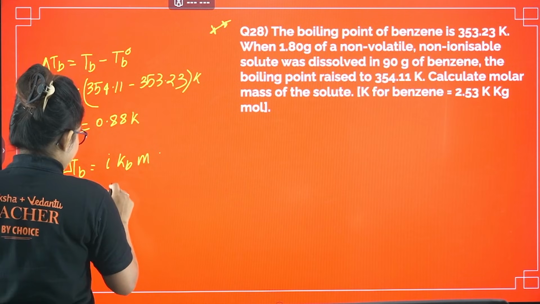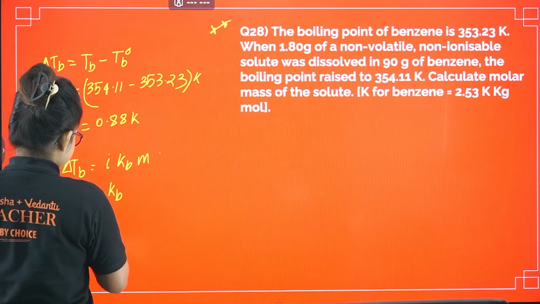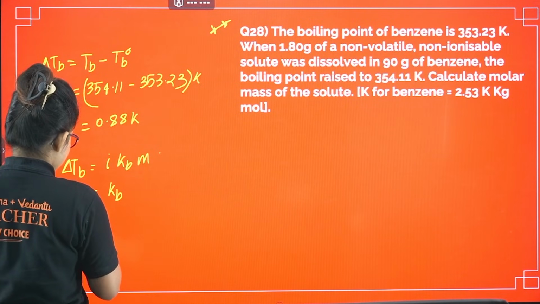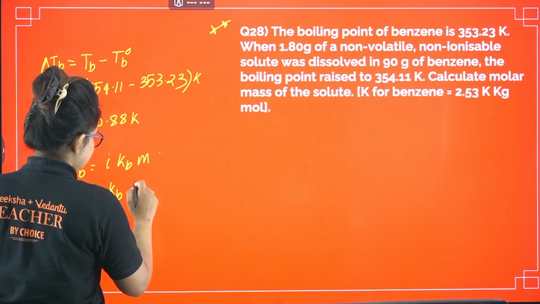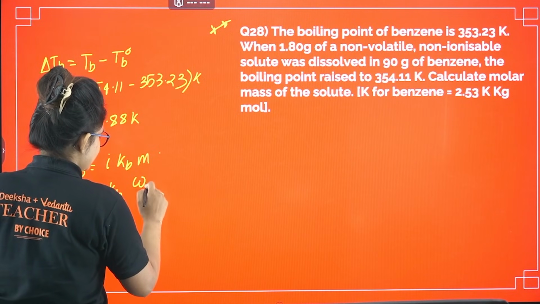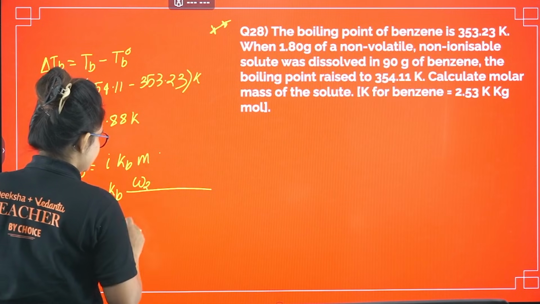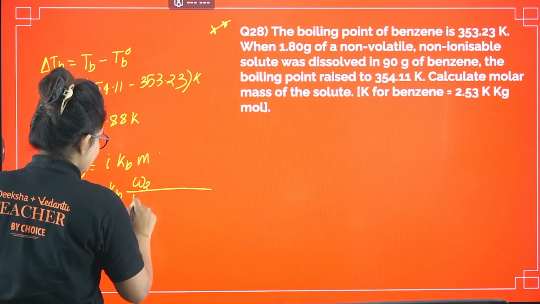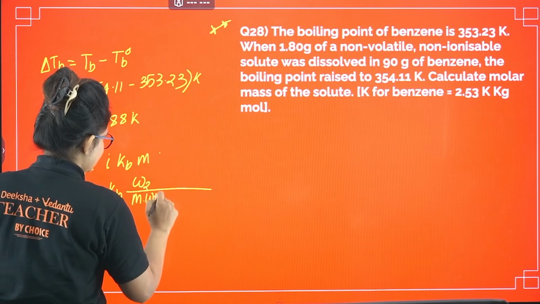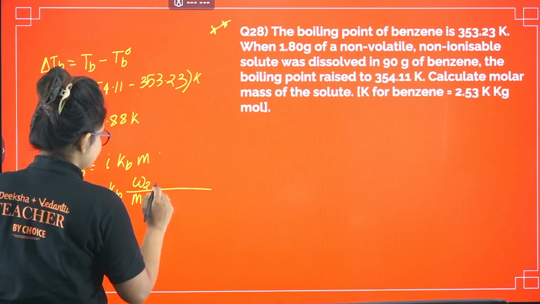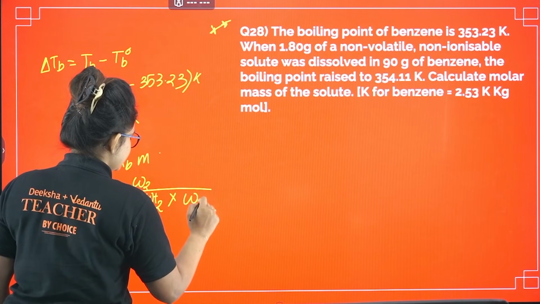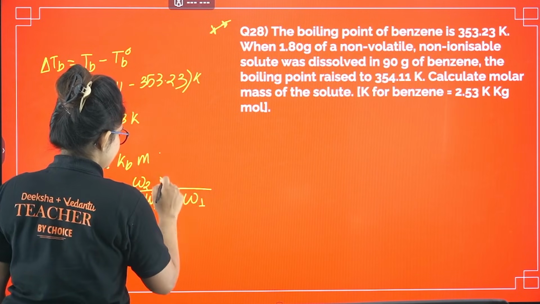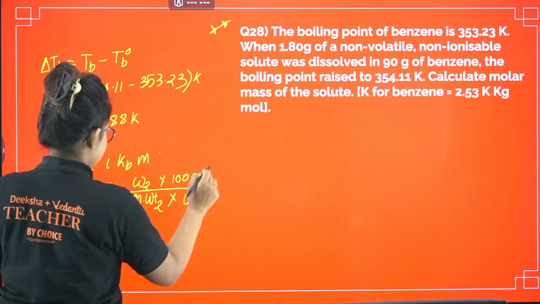So if I write KB, from this I can get weight of the solute divided by molecular weight of the solute into weight of the solvent into 1000, right?